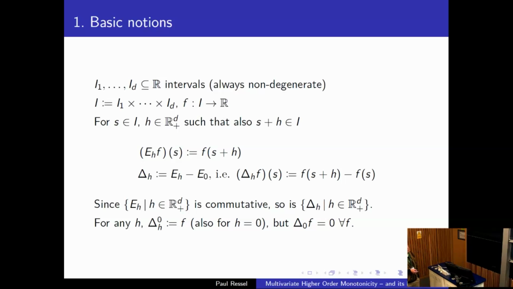Since the translations commute with each other, so you also use delta H. And for any, there's a small mistake here, and it should be delta H0 of F, of course, so with an F. That means an operator to the power 0 is the identity. But of course, if the H here is 0, then this is zero.